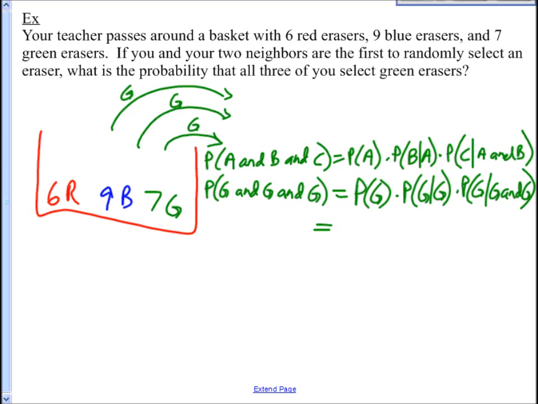Alright, so probability that you get a green is, we got 7 greens out of 22, and now we've picked that green, so there's 6 left, and 21 of these erasers left, and then there's 5 greens left as your probability if you've already picked 2, and 20 erasers left. Okay, so this ends up being, let me punch this in, 0.023.